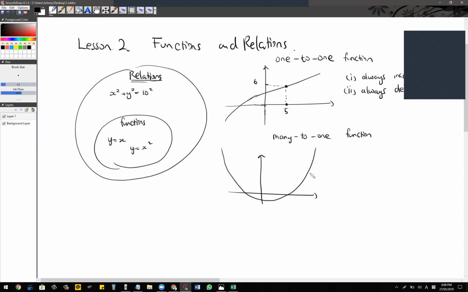That's a one-to-one function. Now, if I have this point, and I have another point over here, you can see that they have the same value of y, right? Let's say this is 5, this is -5, and this is 6. So we have 5 and 6, and then -5 and 6. For many values of x, you have one value of y. So this is a many-to-one function.